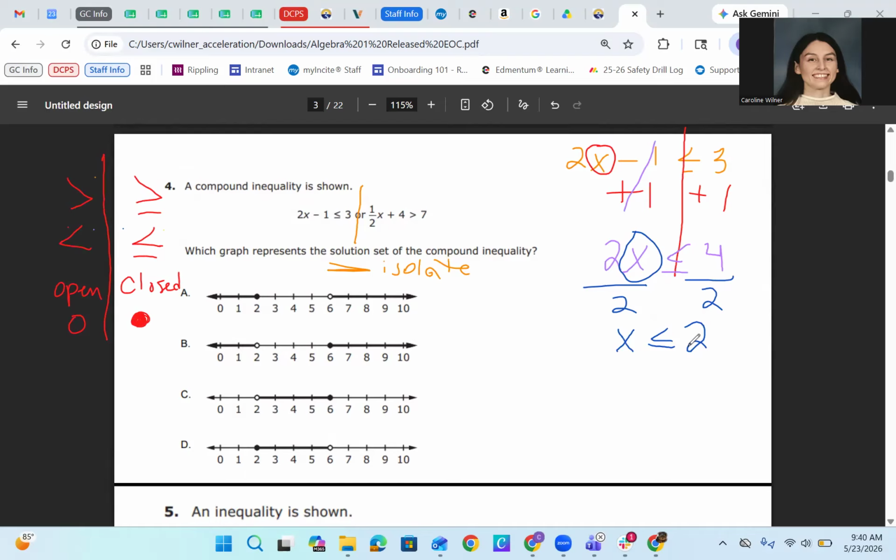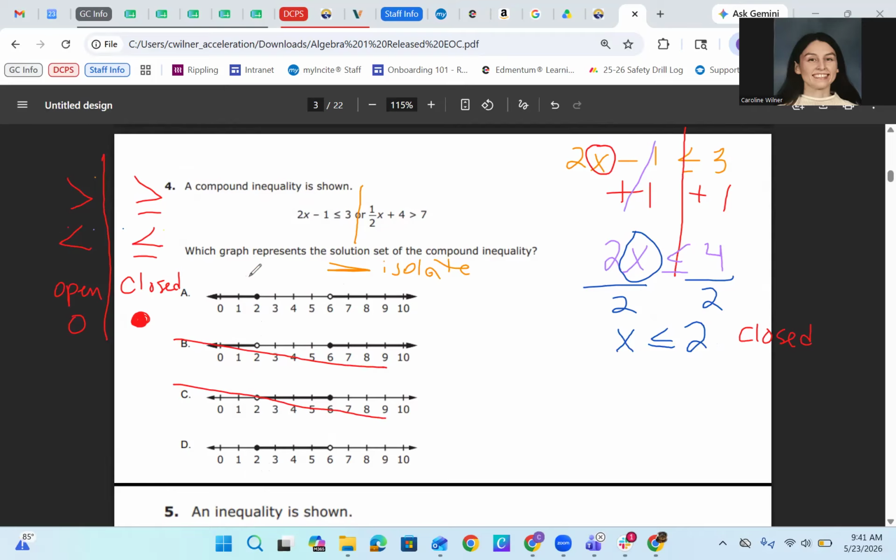So with ours, there is a line underneath. That means it's going to be closed. And where am I going to see this closed circle? Well, I'm going to see it at the number that we got at the end when we solved. So at the number 2, I need to see a closed circle. Well, that means I can get rid of B and C.